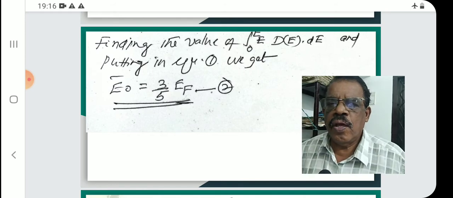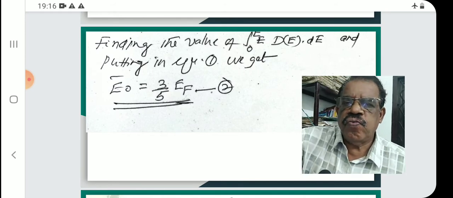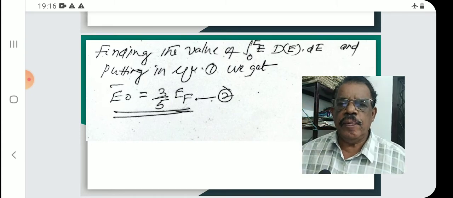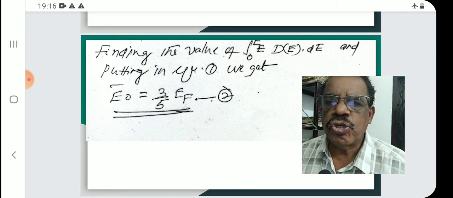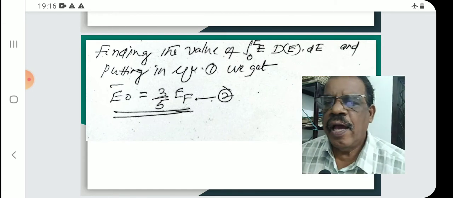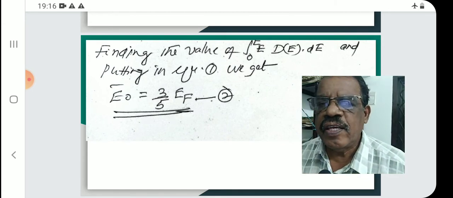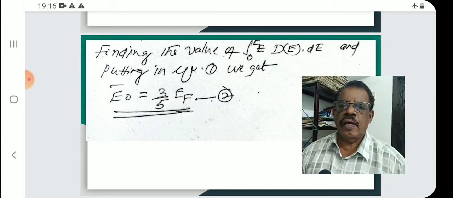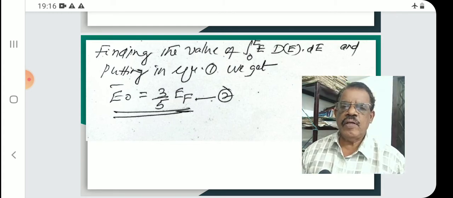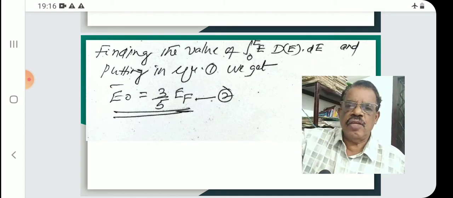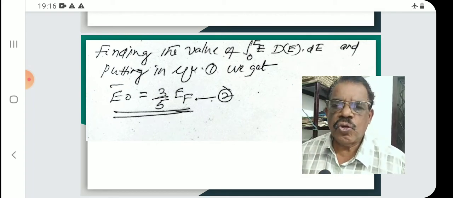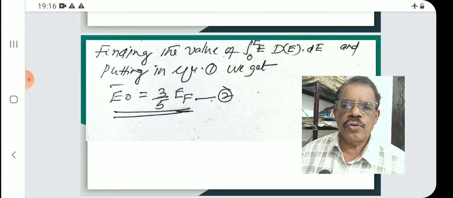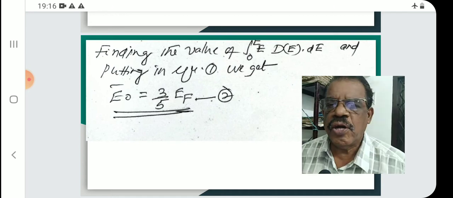Now, finding the value of the integral from 0 to EF of g(E) dE and putting it in equation 1, we get E0 bar equal to 3 by 5 EF.